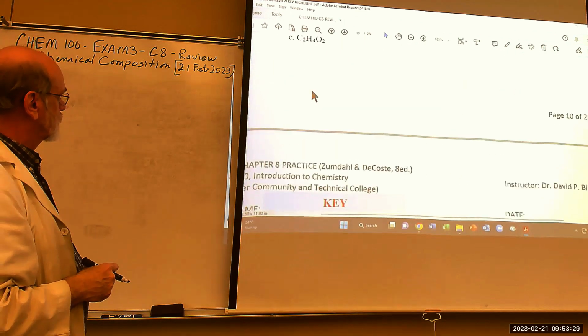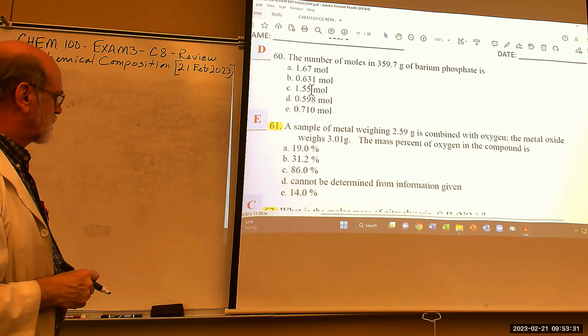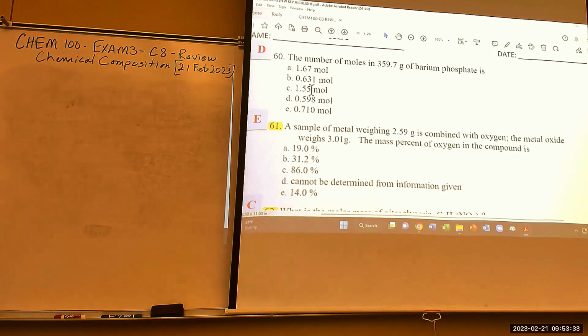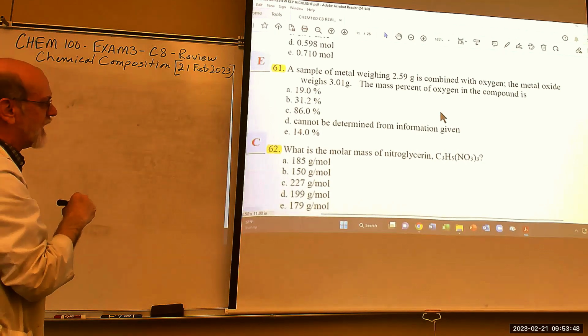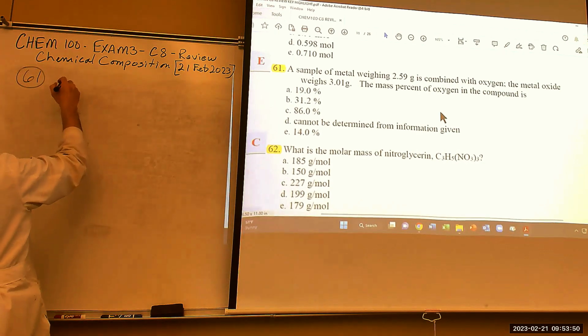All right, scroll. 61. Let me see. I'll be able to get both of them on there. There we go. 61. A sample of metal weighing 2.59 grams. So we got a metal.